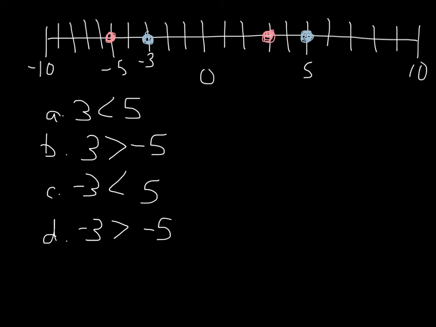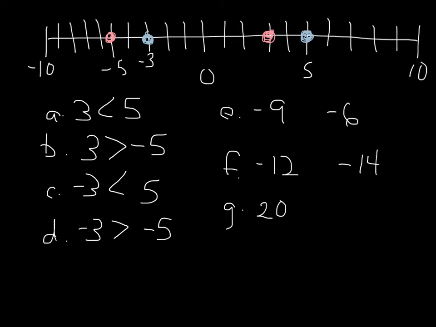And so let me give you 3 to try on your own. And only one of these can be plotted on the number line. I want you to compare -9 and -6. I want you to compare -12 and -14. Compare 20 with -30.